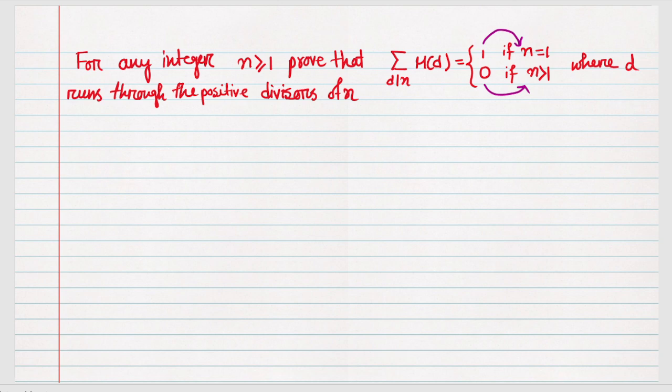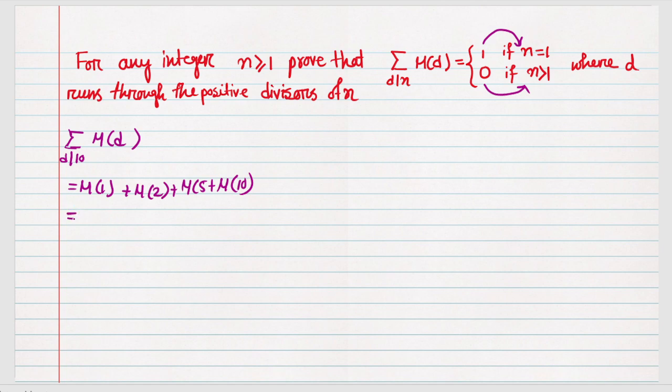Suppose here I am taking the summation of mu of d where d divides 10. If we break it down, we have mu of 1 plus mu of 2 plus mu of 5 plus mu of 10. Here 1, 2, 5 and 10 are the 4 divisors of 10.